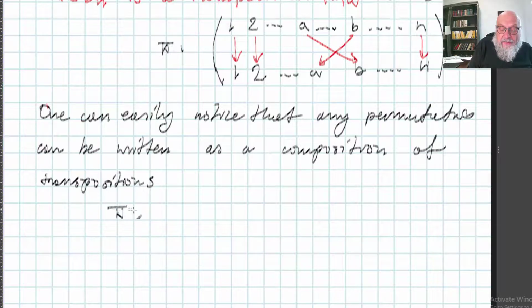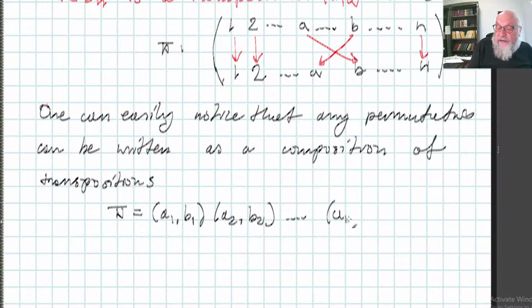That means simply any permutation P can be written as one transposition (A1 B1), then you take (A2 B2), etc., and this will be written (AM BM). So if you look at this, you just apply it to the set. You start from the right and ask what happened to it.